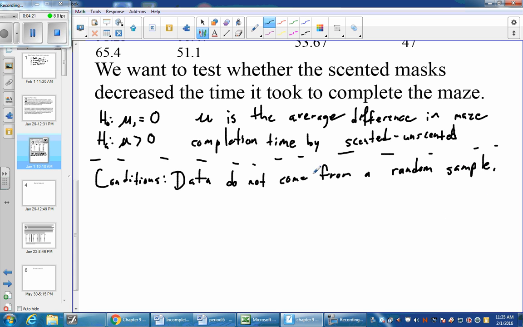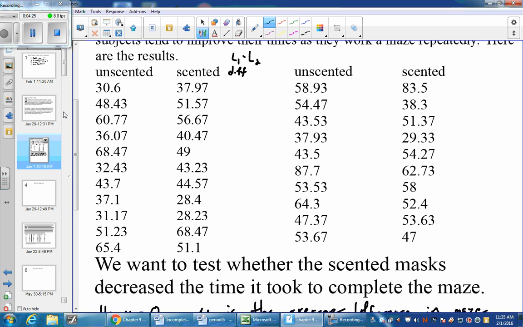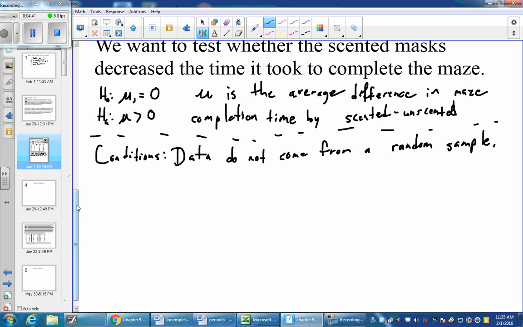Now, for normality, we only have 21, so we're going to have to graph the differences. So I'm going to go to my stat plot, and I'm going to graph my box plot of the differences. And when I do so, I get a graph that kind of looks like that.